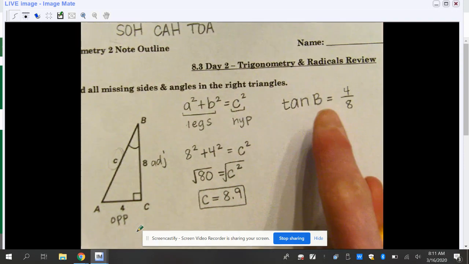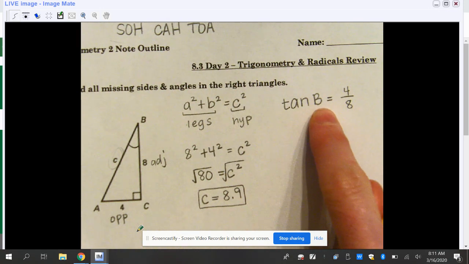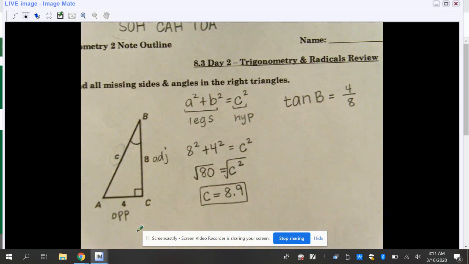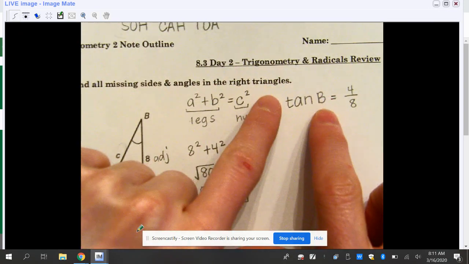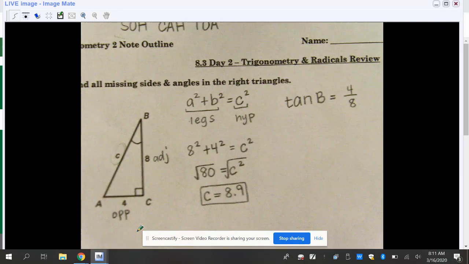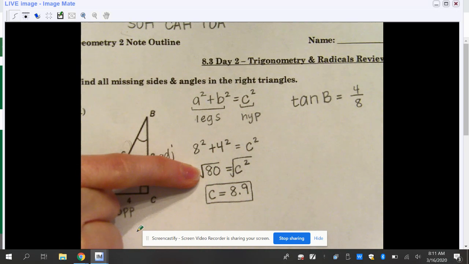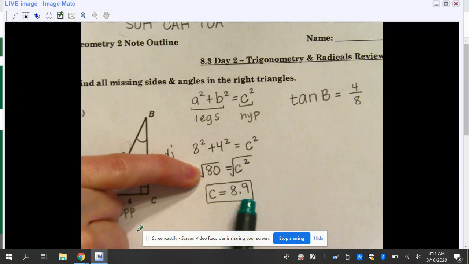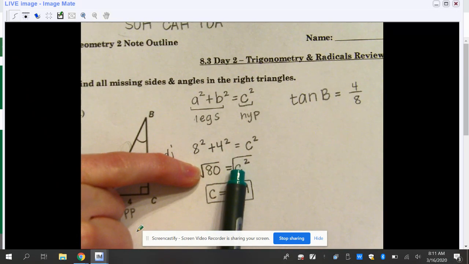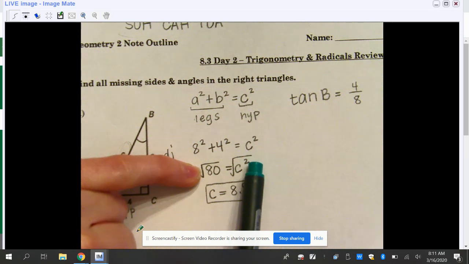Remember, this is always an angle measure, whether we know it or not. And so now this is one quantity, so we need to figure out a way to undo that. And we always do inverse operations to get that variable that we're looking for. So if I wanted C and it was being squared, I took the square root.